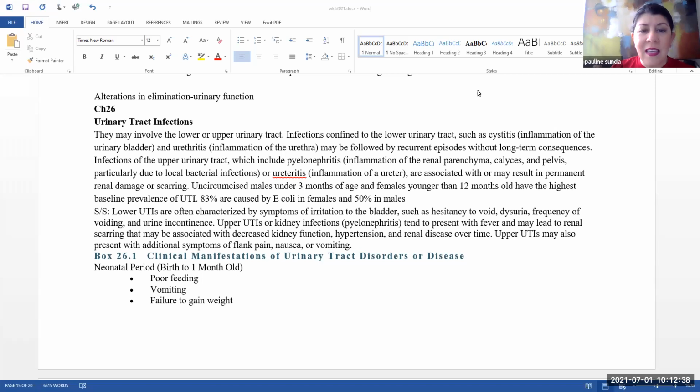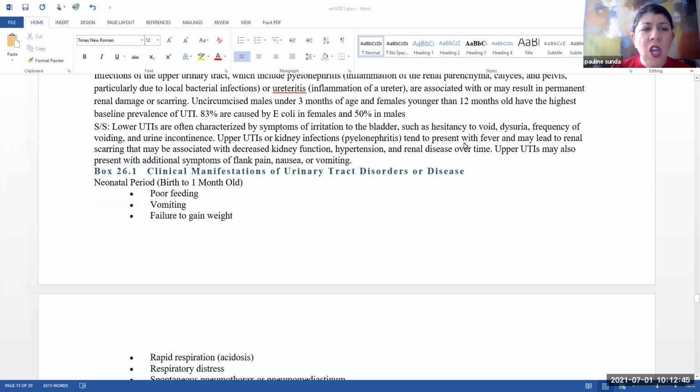83% are caused by E. coli in females and 50% in males. Signs and symptoms: lower urinary tract infections are often characterized by symptoms of irritation to the bladder, such as hesitancy to void, dysuria, frequency of voiding, and urinary incontinence.